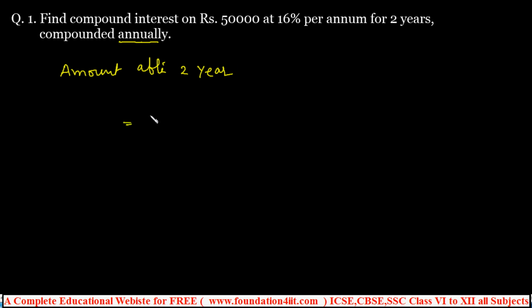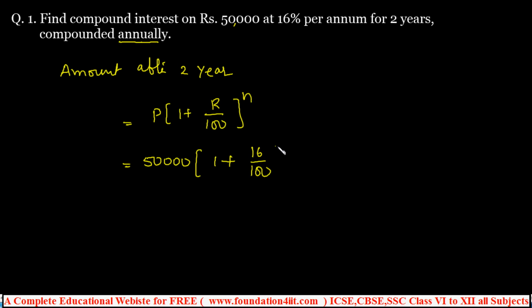Repeating the formula: P into 1 plus R by 100 to the power n. Here P is the principal amount 50,000, and rate of interest is 16% for 2 years. So 50,000 into 1 plus 16 by 100 to the power 2.